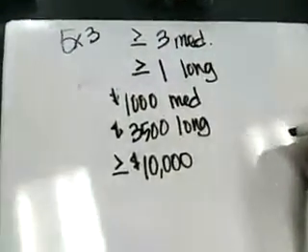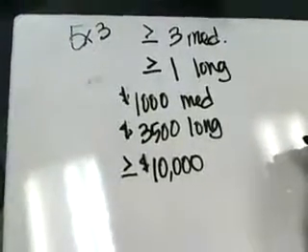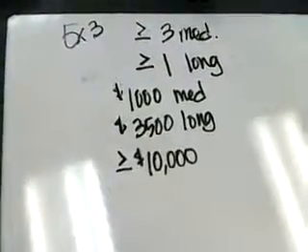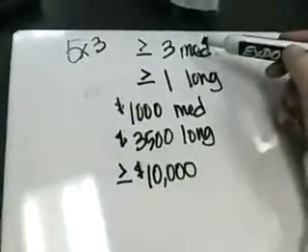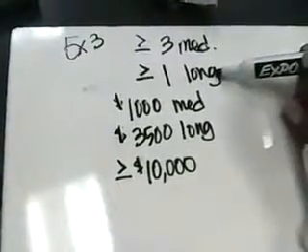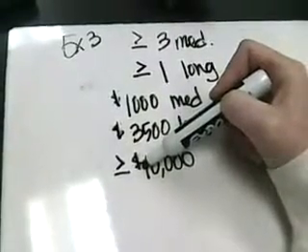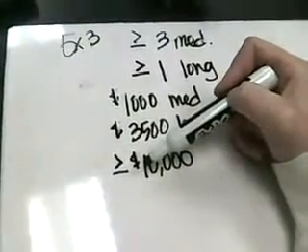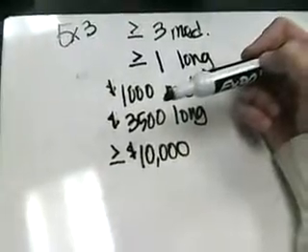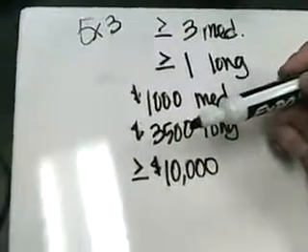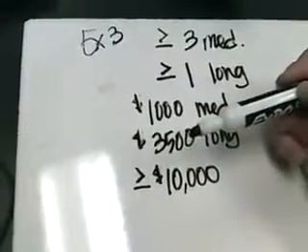Okay? All right, so let's talk about our labels here. We've got medium, long, dollars, dollars, dollars. Those are my labels. Now remember, when we set up equations, or I know we're going to set up inequalities eventually, but when we set up equations, we base them on our labels.